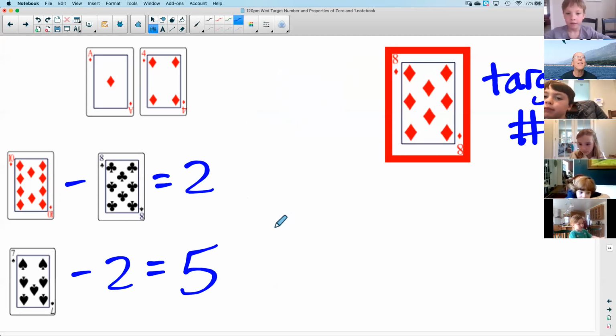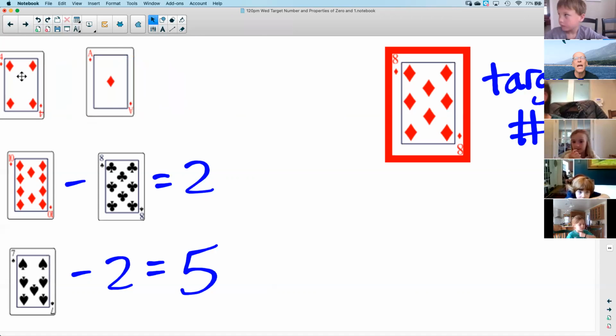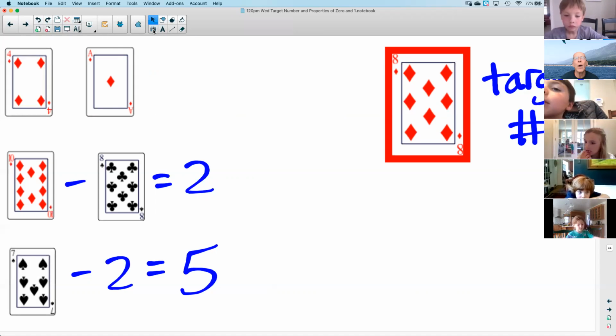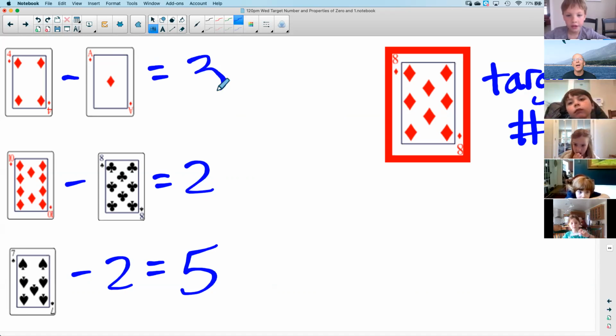5. And then, wait a minute. Do I have something special here? What if I were to say 4 take away 1? What would that give me? 3. And wait a minute, I need 8.